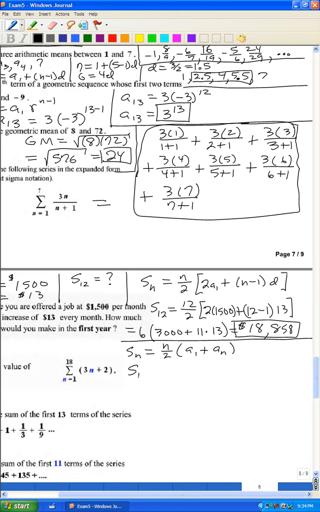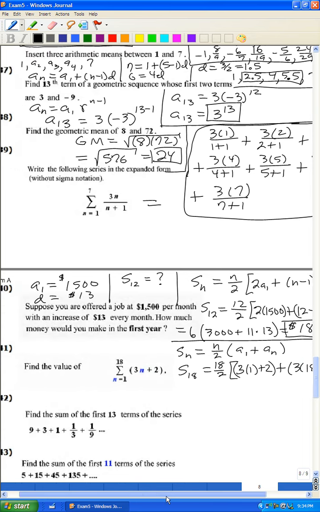Let's add up the first 18 terms. So this is going to be 18 over 2. The first term is 3 times 1 plus 2. The last term is 3 times 18 plus 2.